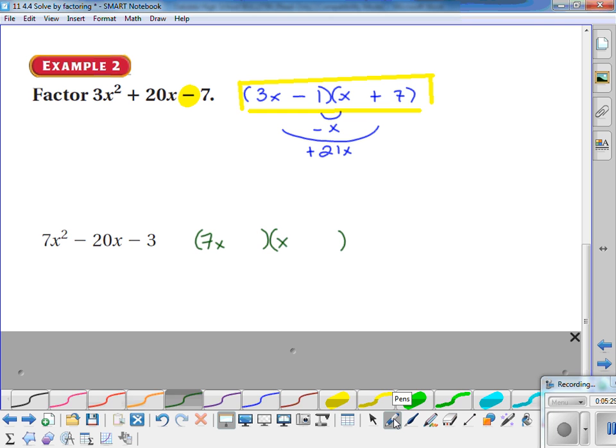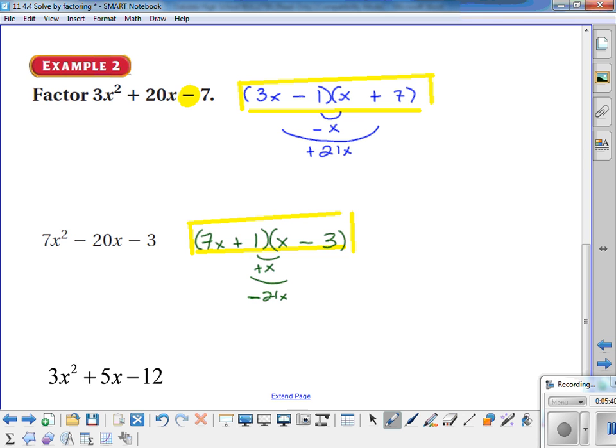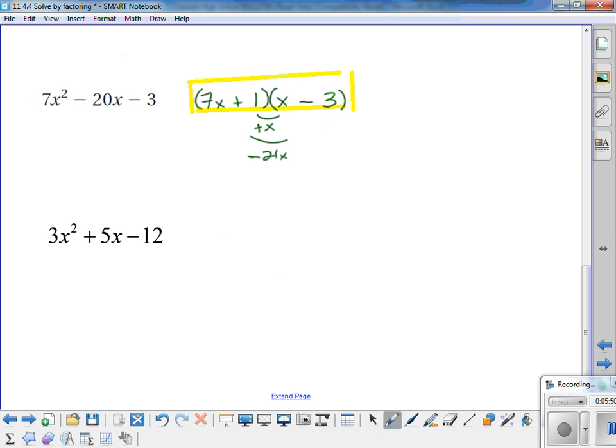Again, the 20 is almost 21, so I know the 3 needs to be out here, and the 1 has to be here. So I get x and 21x, but this time I want it to be a negative 20, so my 21 has to be negative, and my x has to be positive, so that should be plus, and that should be minus. All right, let's do one that's not almost exactly the same as the example.